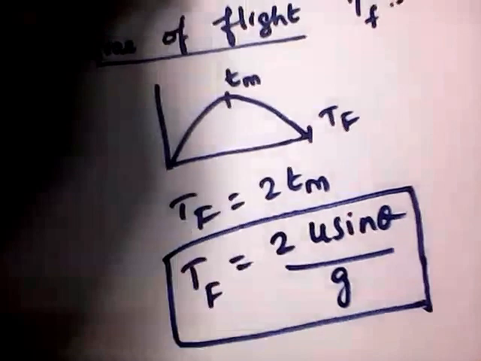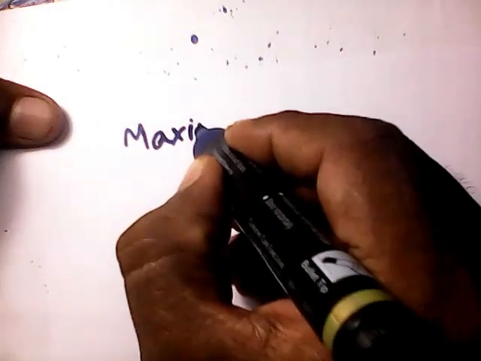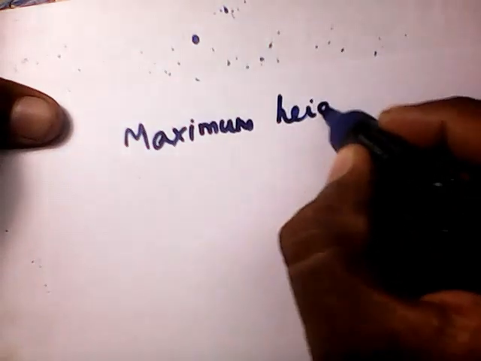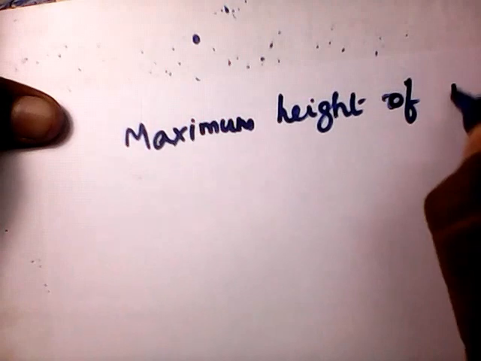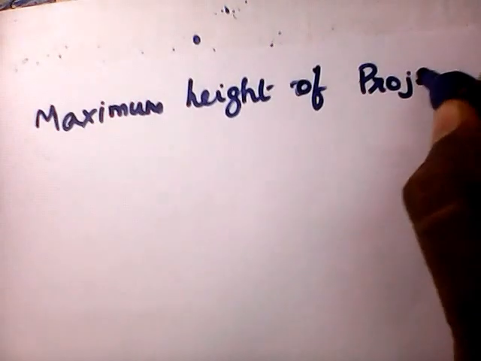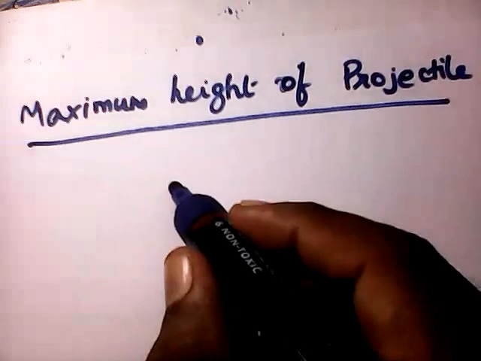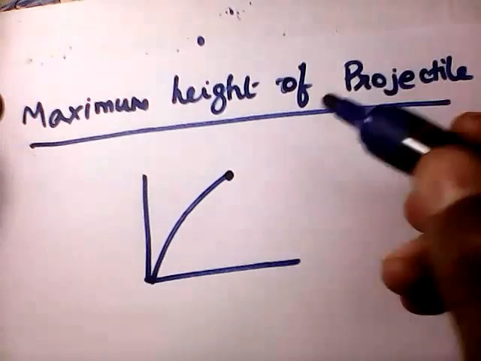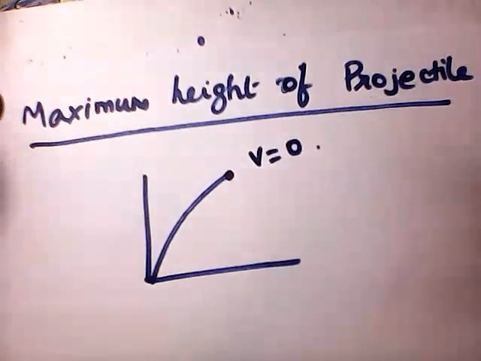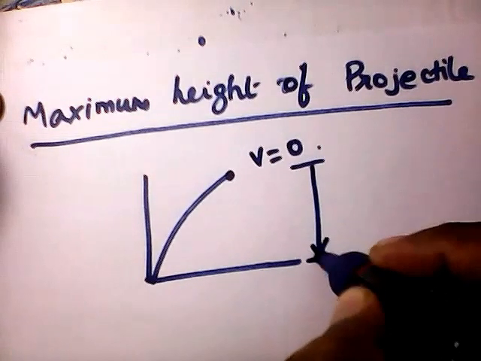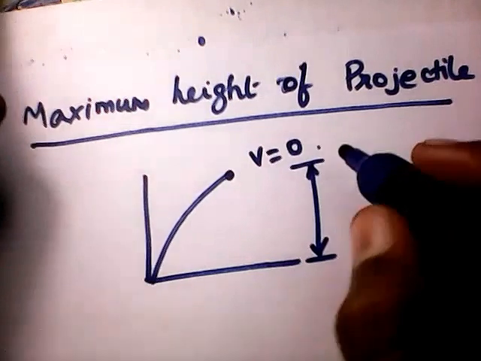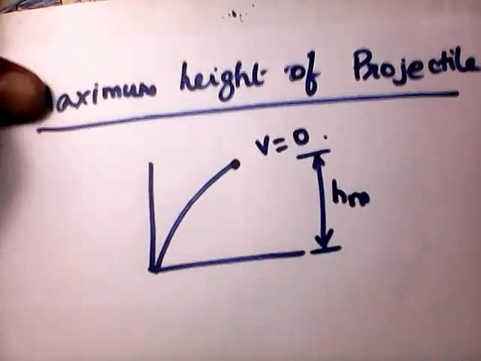Now we are going to find out the maximum height of the projectile. When the body reaches the maximum height, at that time the velocity becomes 0. We represent this as h max or hm.